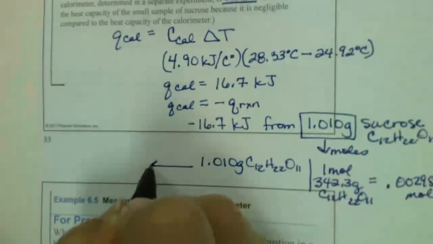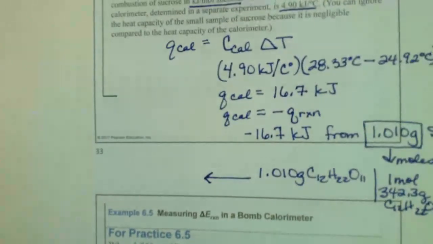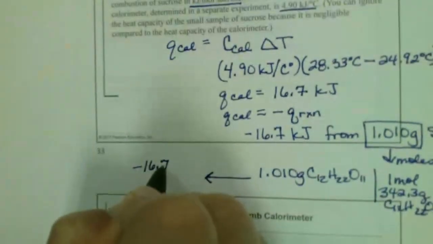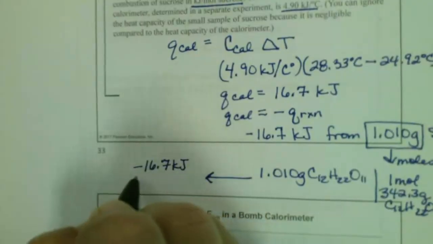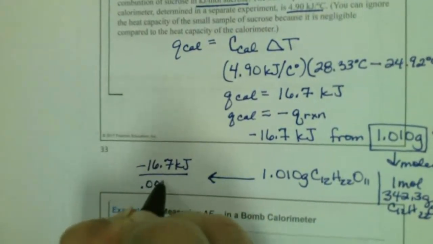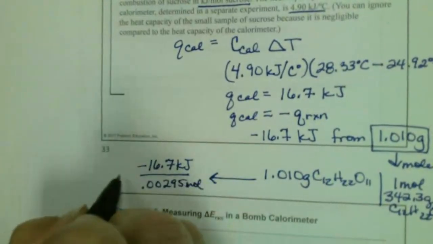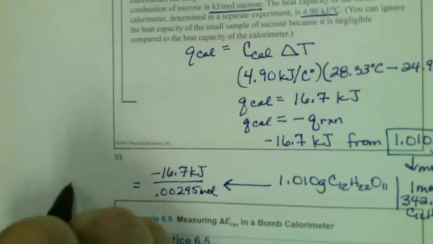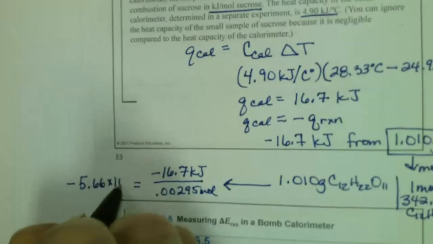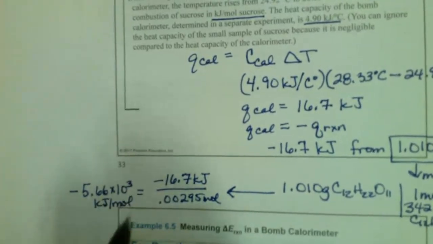Okay, well, I'm out of room, so I'm going to go this way. If that's the case, we're going to take our negative 16.7 kilojoules, divide that by our 0.00295 moles that we just got, and that's going to tell us that we got a negative 5.66 times 10 to the third kilojoules per mole.